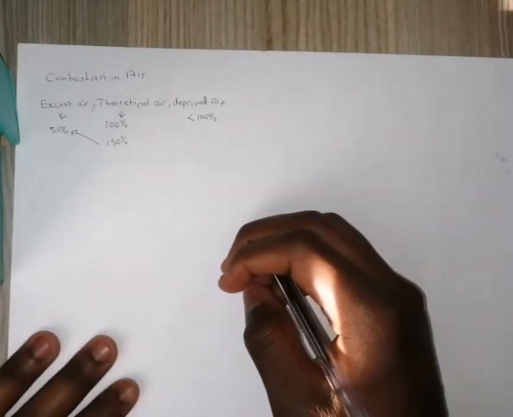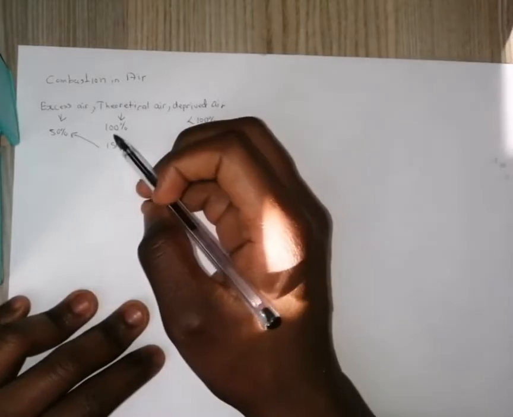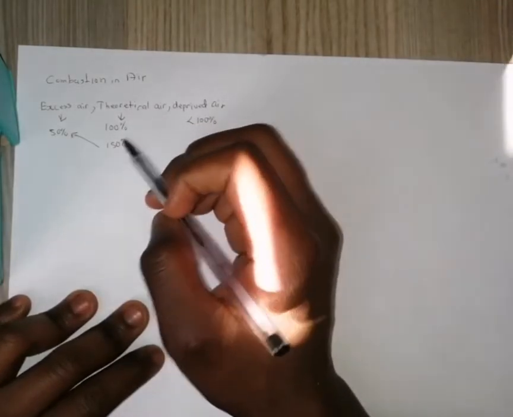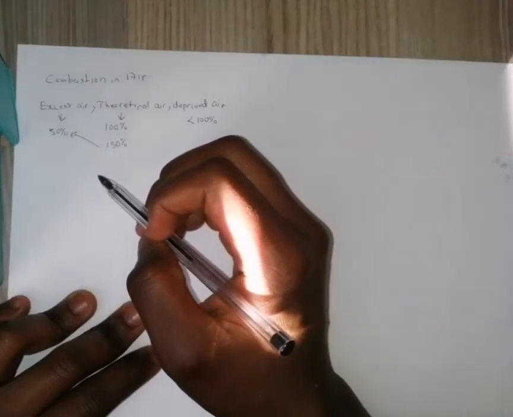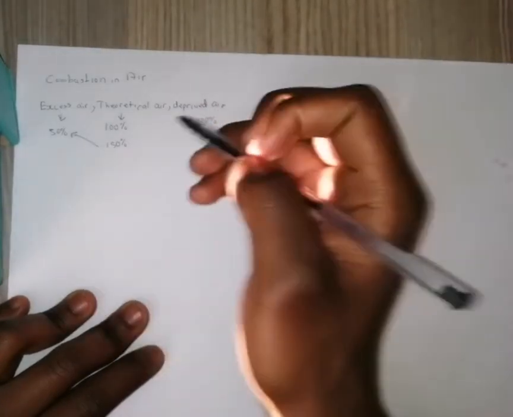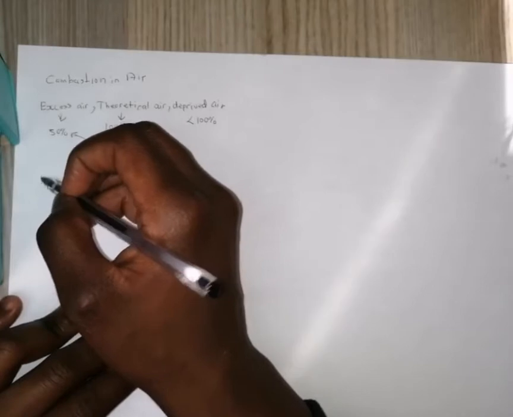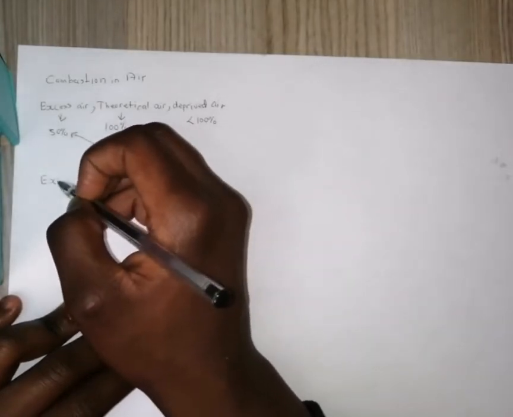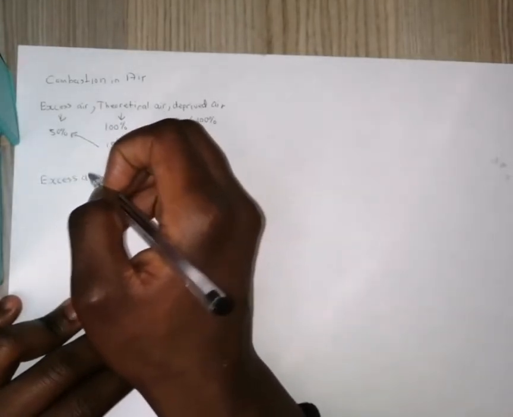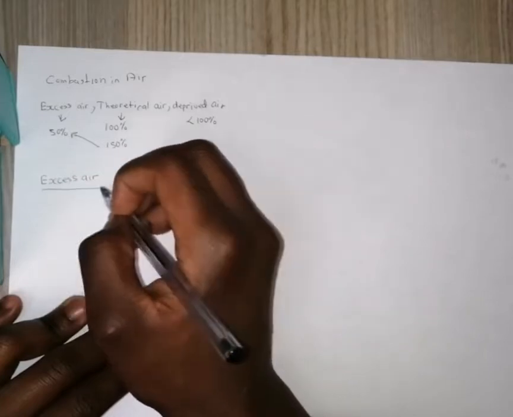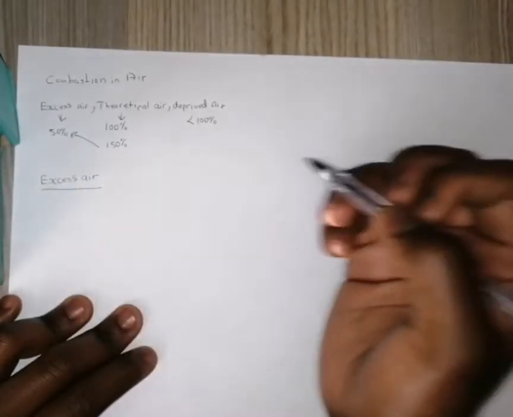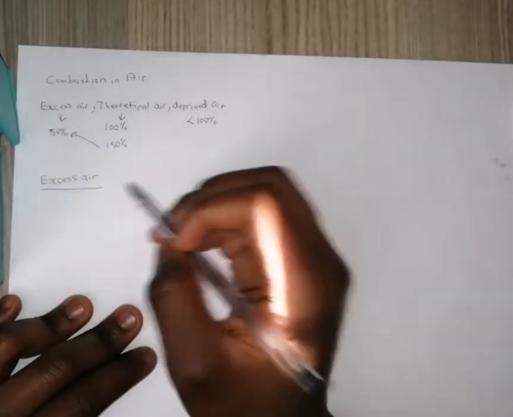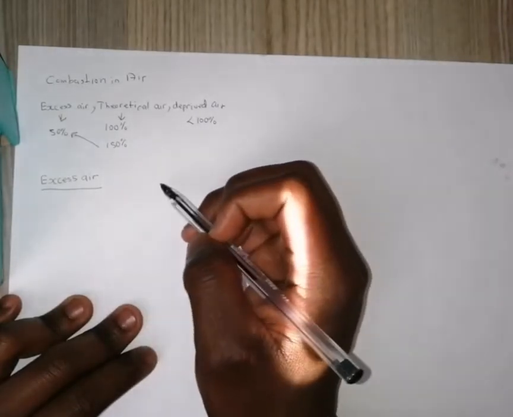Okay, so with theoretical air, we've already looked at it, from the examples that we were just doing. Now we're going to look at excess air. Combustion in excess air, like I said before, is when you are given more oxygen or more air than needed.